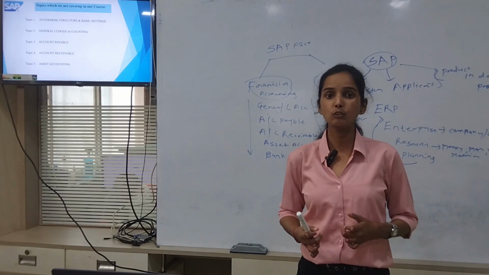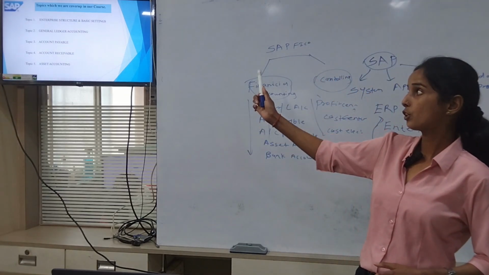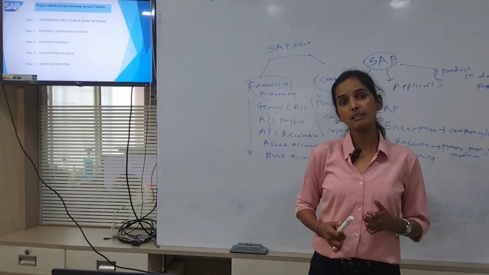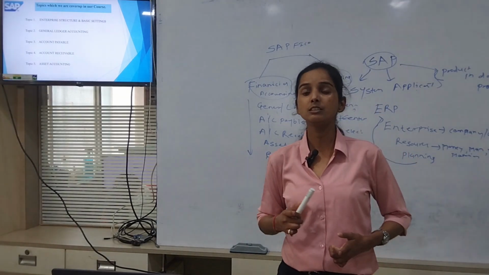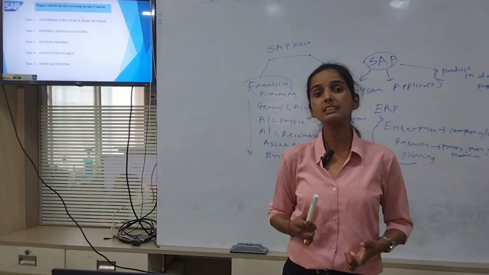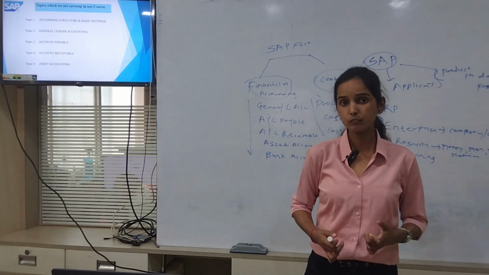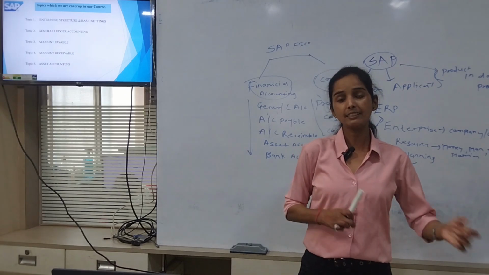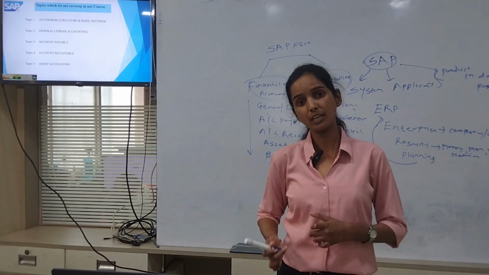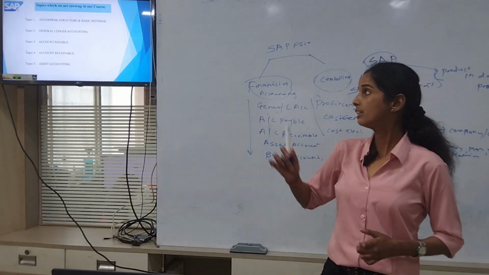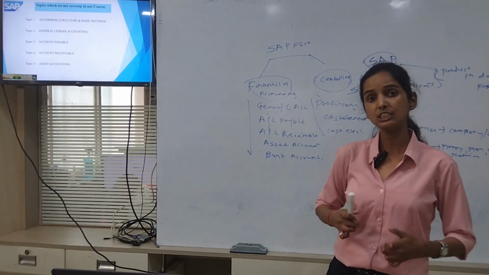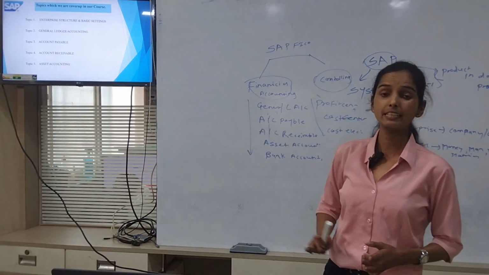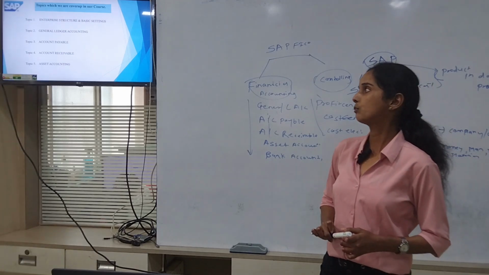Then the next topic is general ledger accounting, in which we cover the chart of account, the basic settings for creating the chart of account, the theory of chart of account, then creation of chart of account, then assigning the account group to chart of account, then creating general ledger accounts, posting in journals. These are all covered in our second topic, general ledger accounting.